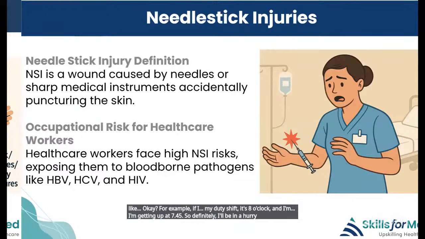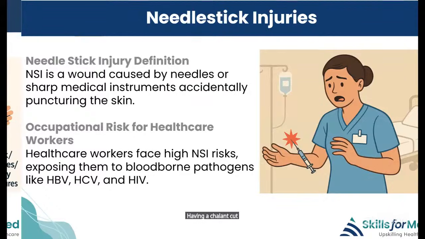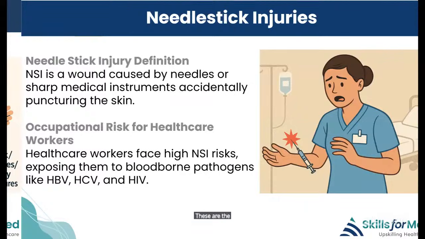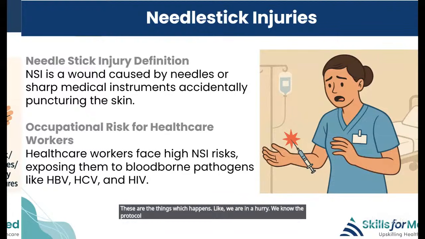I'll be crossing the traffic and I'll have a challan cut. This is how incidents happen. Whenever there is a needle stick injury, these are the things that happen: we are in a hurry. We know the protocol, but sometimes we fail to follow it and we land up in these incidents.